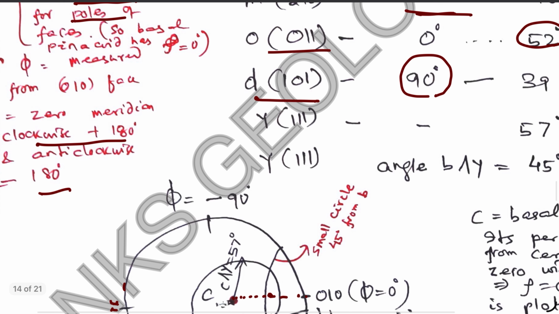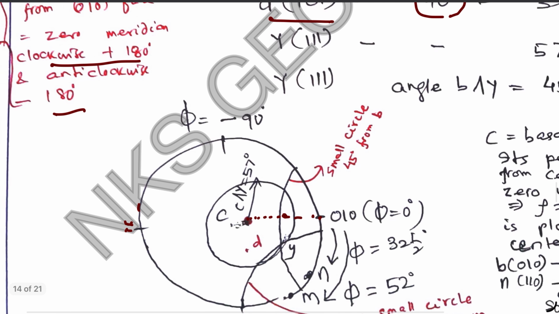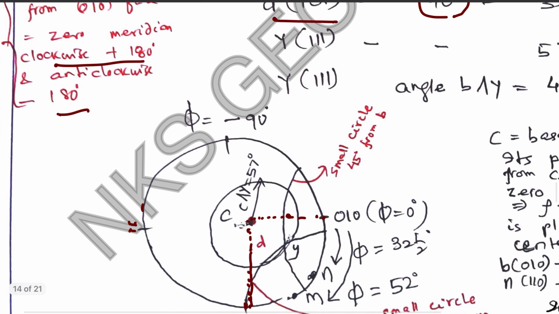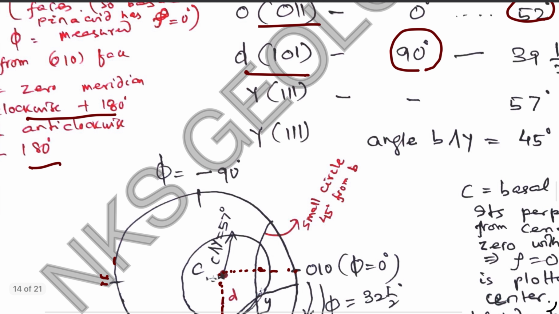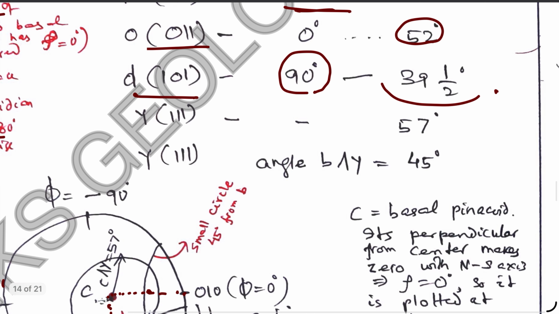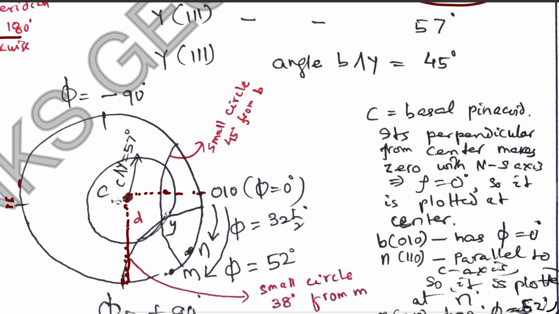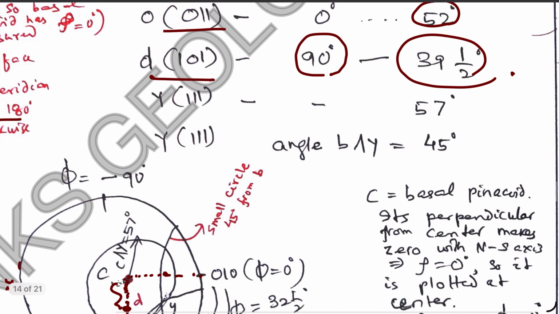That means this is 0, phi will be here, it will be 90. So along this is the great circle for D, where rho will be 39.5 degree. So here we measure 39.5 degree. So this will be the position for D.